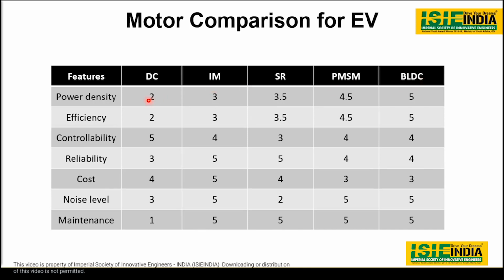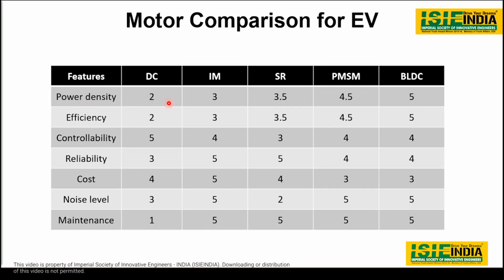So per kg, comparing all these five motors and their weight, power to weight, that is simply the power density of the motor, right? There is a unit quantity, and according to that unit quantity, I am showing this comparison result here.